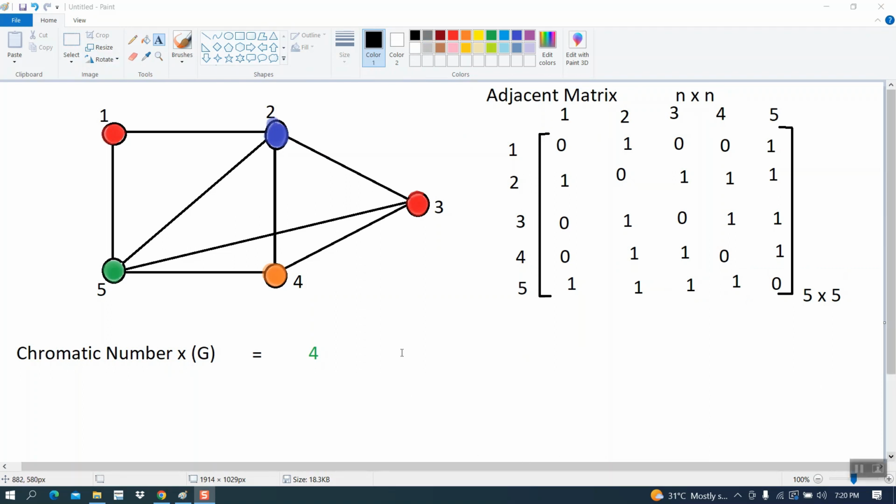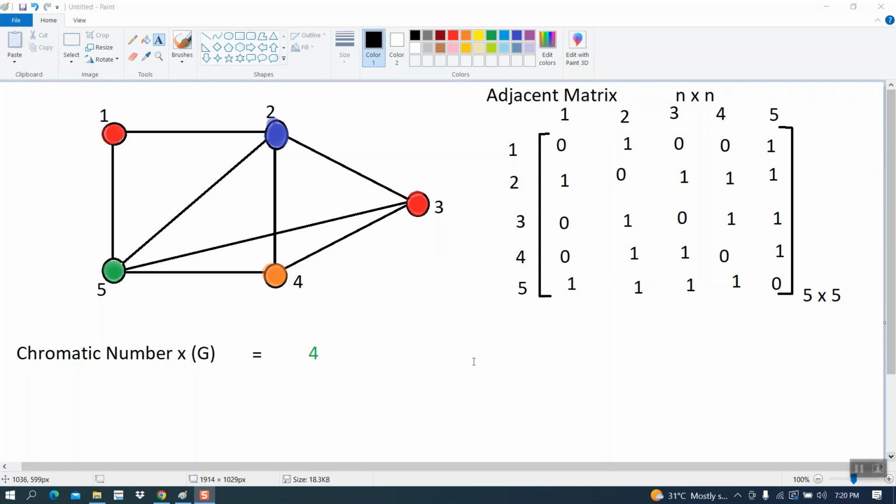So now, as I mentioned previously, let's see how to find out the number of triangles in this graph. For that, we need the adjacency matrix and the power of 3 of this adjacency matrix.